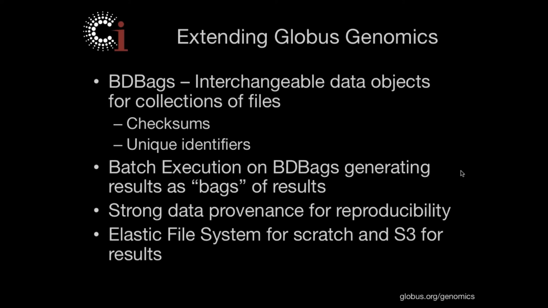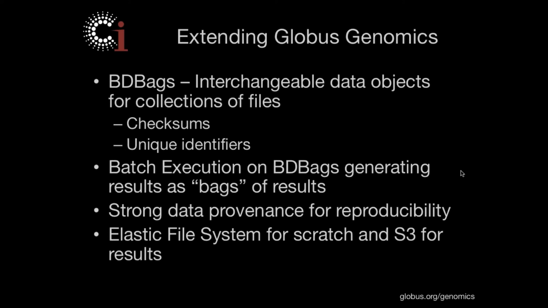And Globus Genomics would know that this one unit needs to be analyzed in batch mode, so that a bag could be taken as an input to a workflow and executed in batch mode, and provide identifiers for all the data sets that get generated so that you have strong provenance.